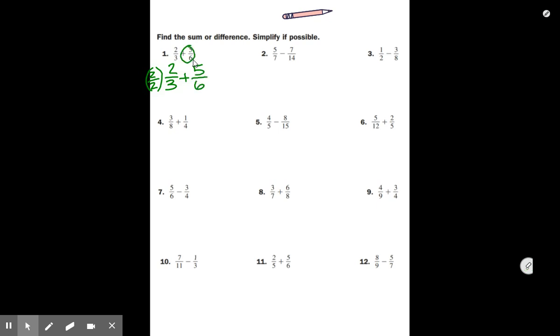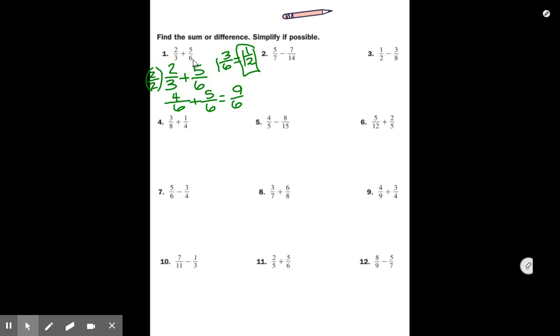No, not at all, because that denominator is already a 6. 2 times 2 is 4. 2 times 3 is 6. And then we have the fraction 4/6 plus 5/6 equals 9/6. Okay, a group of 6 will fit into 9 once, and you have 3 sixths left over, and that is the same as 1 1/2. Someone needs to mute. So hopefully that's what you got for your answer for number 1.